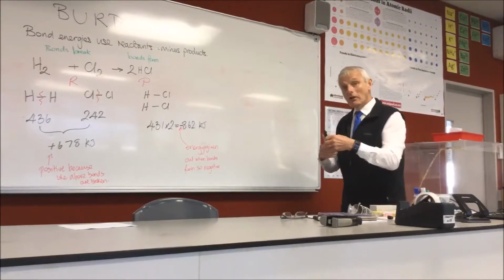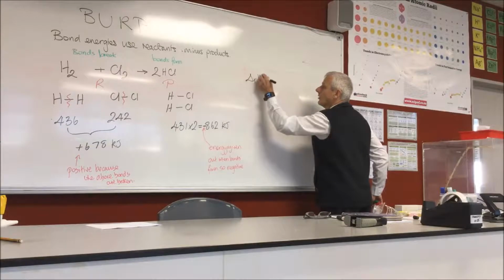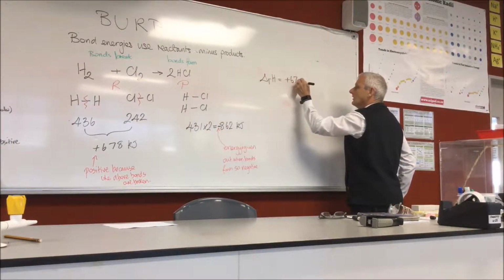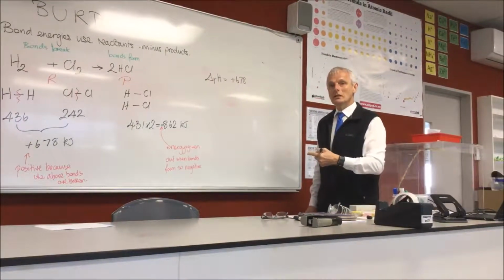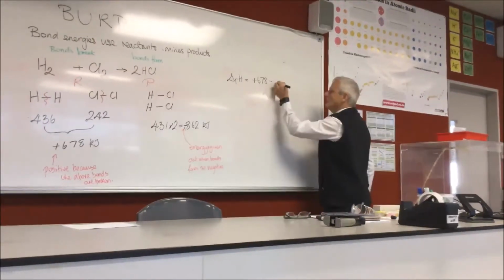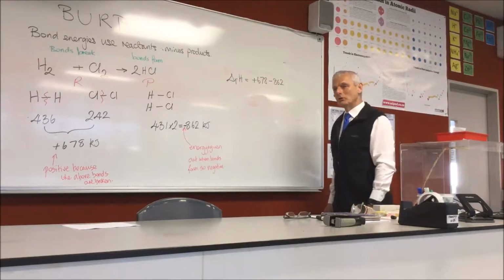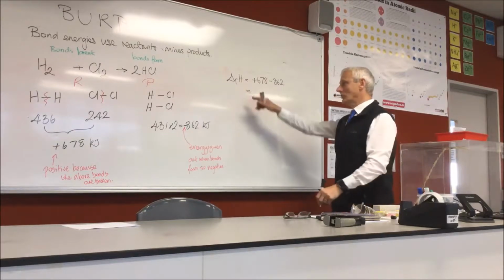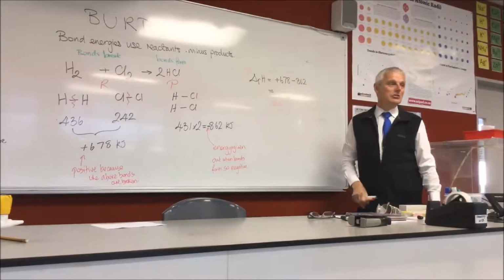So the delta RH is equal to that, plus 678, which is what I needed to put in to break some bonds, and minus 862, which comes out when you form the new bonds. And this is all done in terms of moles, so it's a delta RH, because I've done the moles for the equation. Yeah?